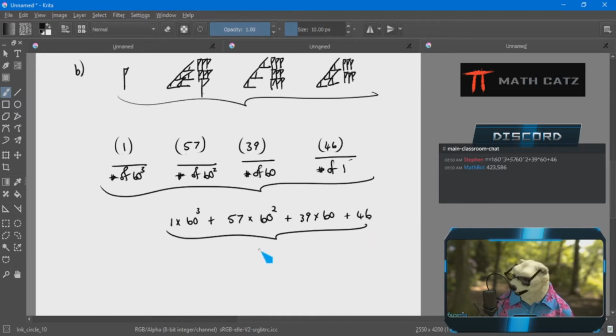And hopefully you can confirm 423,586. That was a wild circle. Maybe just underline it. There we go.